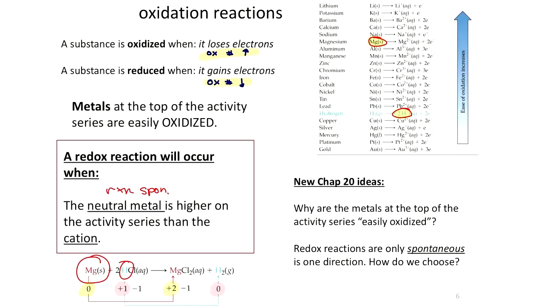If we did a combination a different way, what if we mixed H+ and iron solid? Will a redox reaction happen? Yes, because the metal solid is higher on the activity series than the acid. So that means iron will dissolve in acid eventually. Or lead solid. Yep, that's spontaneous too.